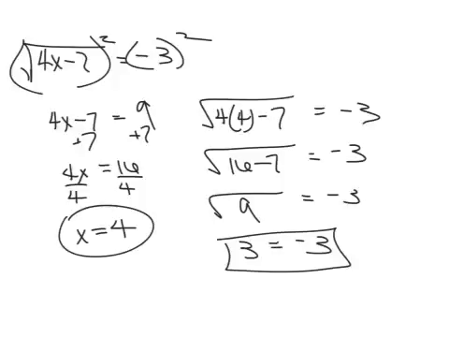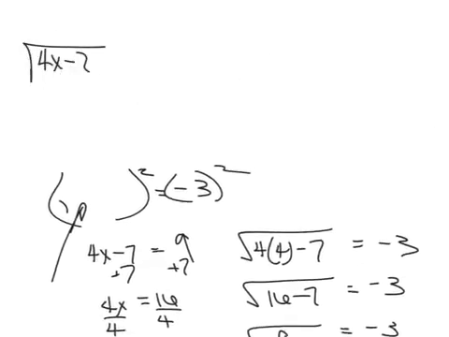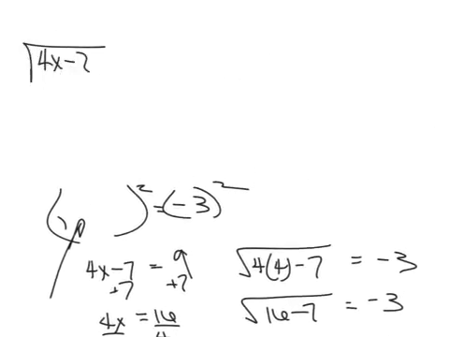Does not equal each other. So therefore, there is not an answer to this. There is not an answer that we can plug in here for x that's going to give us negative 3. Because notice, if we take the square root of anything, we always get a positive number, right?